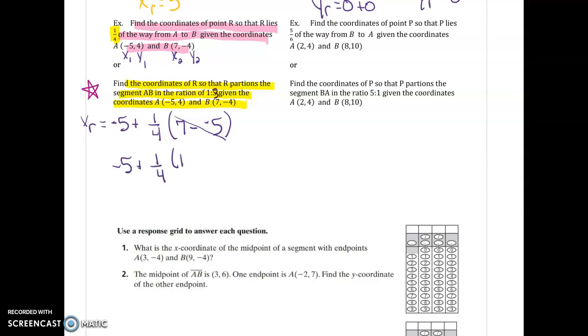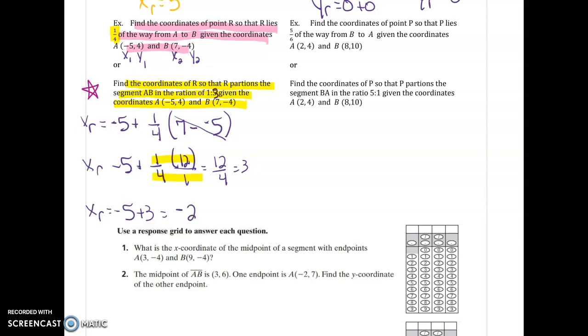That's going to give me 12. Then I'm going to multiply. When I multiply, just multiply the numerators and multiply the denominators. We can give this 12 a denominator of 1, and that makes 12 over 4, which is 3. Then I can take -5, add 3, and my x coordinate of where I'm going to end up is -2.